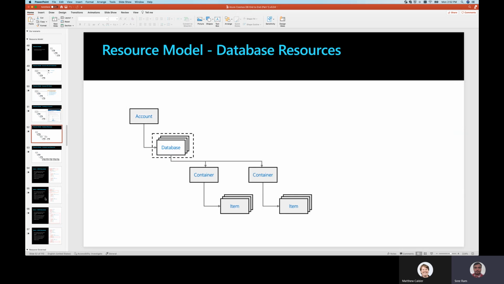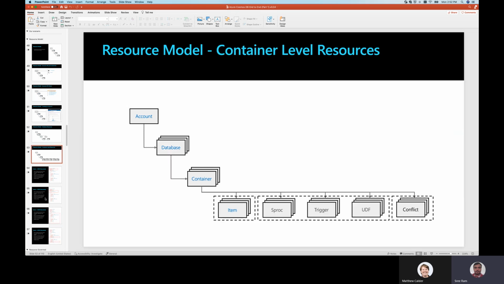Once you create the account, you create a database. Once you create a database, you create containers underneath that database. A container not only contains items, but it contains other components such as stored procedures, triggers, user-defined functions, etc. A stored procedure is like in your relational database world, whatever you have as a stored procedure that operates whenever something is being written into the table.